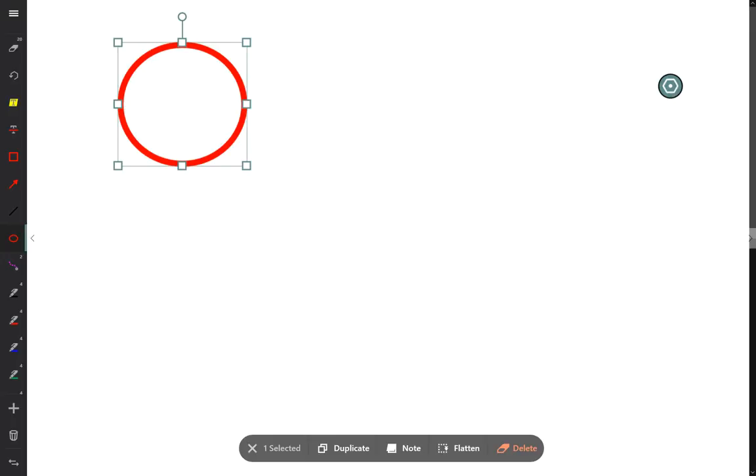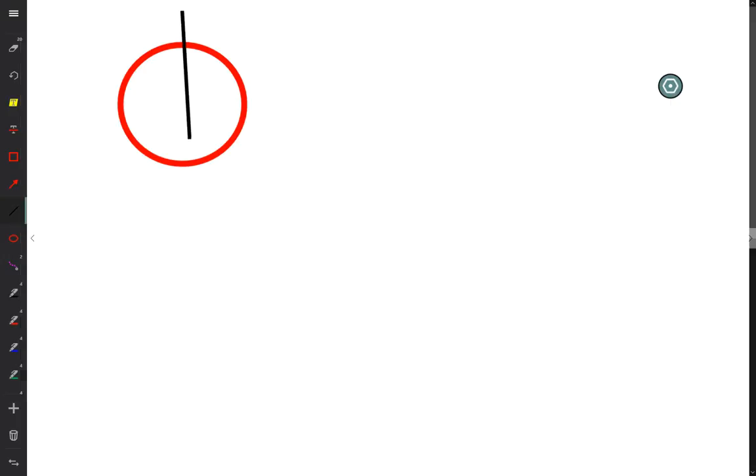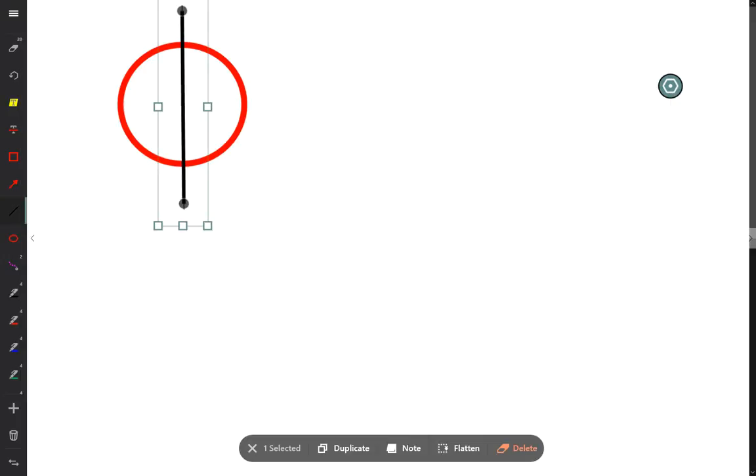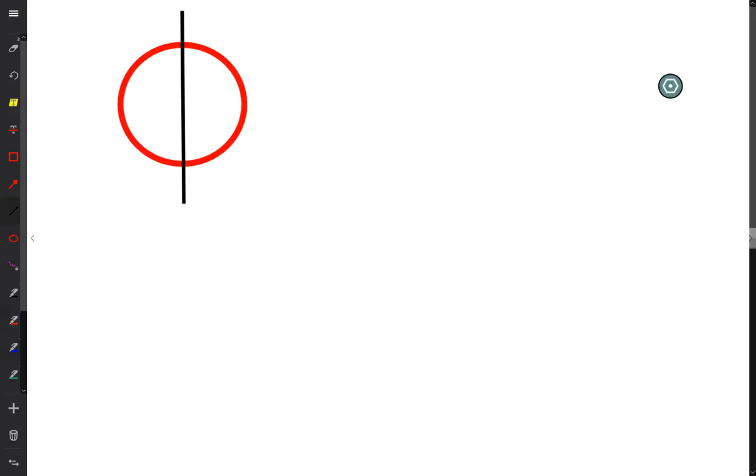Okay, there's my vertical circle. And then I'm going to have a vertical axis, and that axis is going to be my x-axis. So it's rotating about this x-axis.